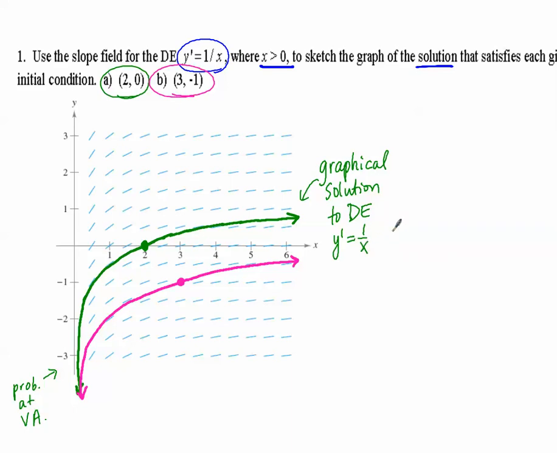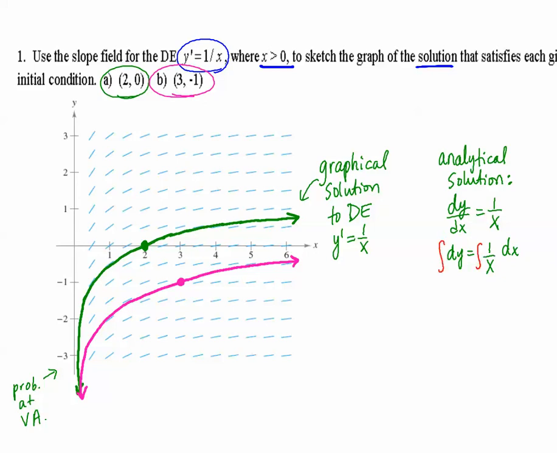Let's also show an analytical solution. That's what we were doing last time, an analytical solution where we started with dy dx equals, in this case, 1 over x. We separated the variables, so I have to move the dx to the other side, 1 over x times dx. Then we integrated.